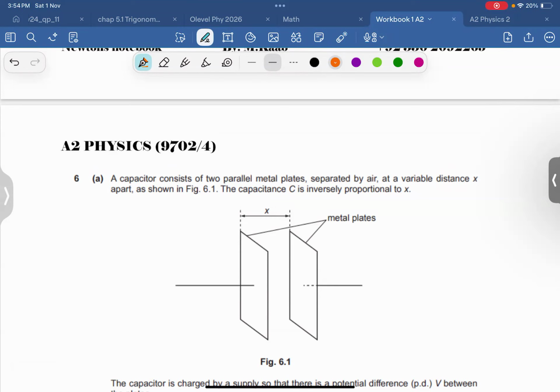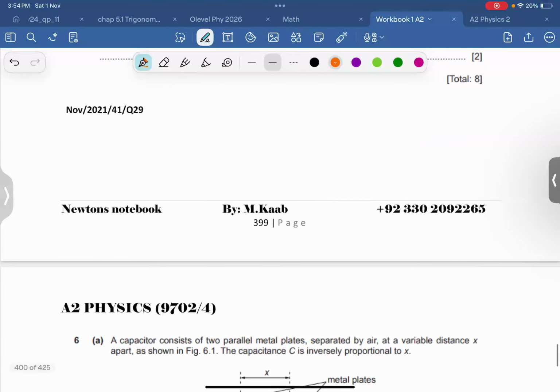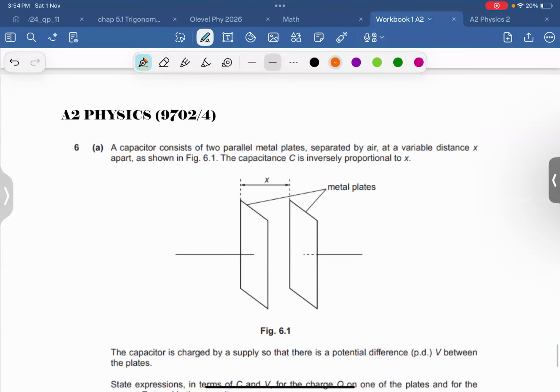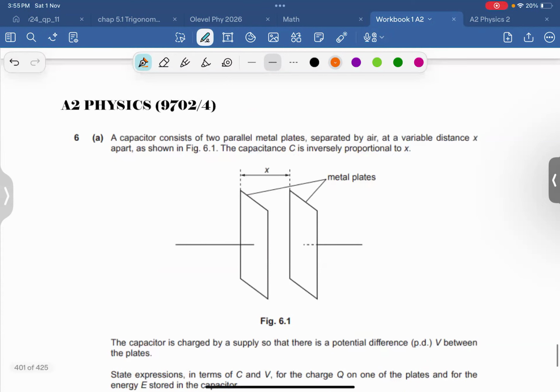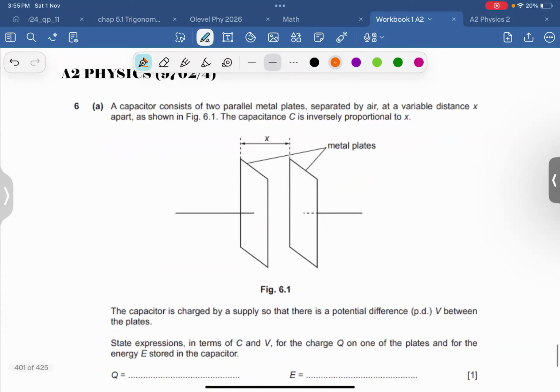Okay, so basically in this question, they are saying that the capacitor consists of two parallel metal plates separated by air at a variable distance x apart as shown. The capacitance C is inversely proportional to x.